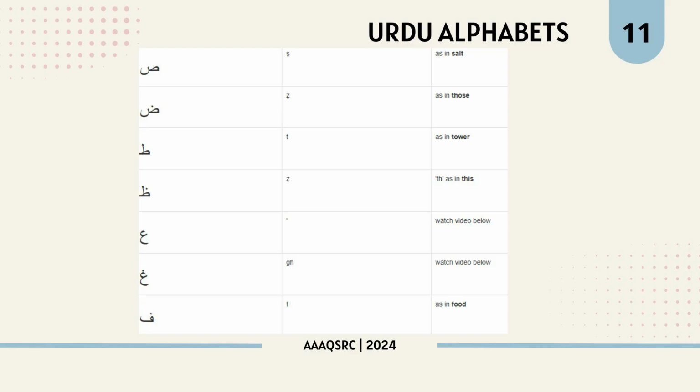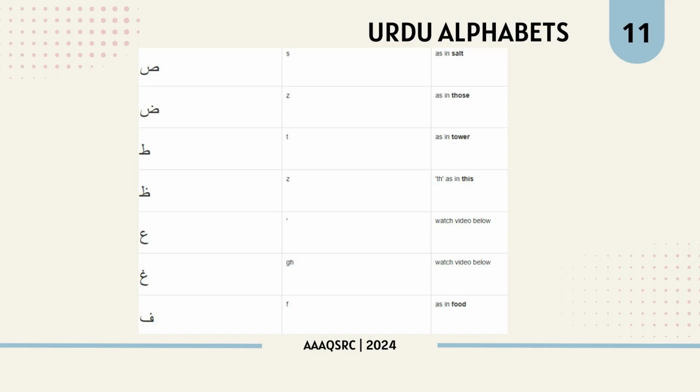The next alphabet we have is seen. Okay, seen is a very simple and innocent alphabet whose alternative in English is s. And if you talk about its pronunciation, it is small s, seen sound.